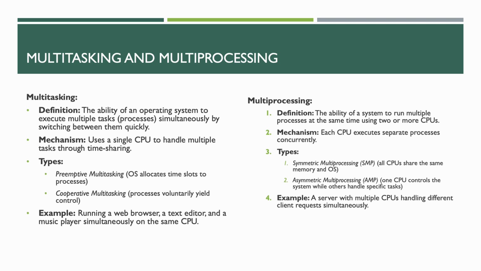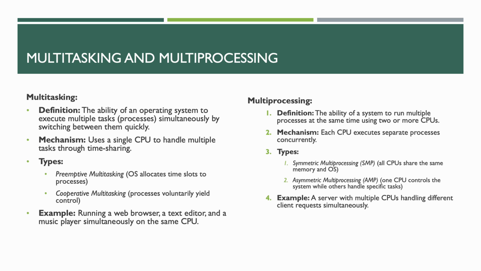Now, on the other hand, multiprocessing involves using multiple CPUs to execute different processes concurrently. Each processor operates independently, increasing overall system efficiency. There are two main types. First is symmetric and then asymmetric.